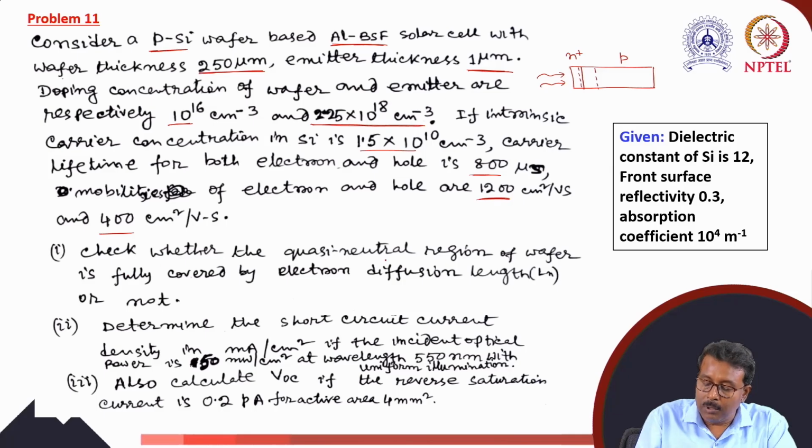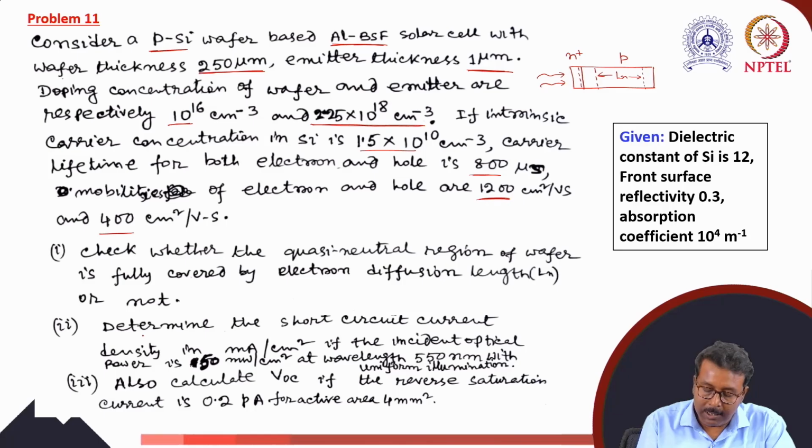Check whether the quasi-neutral region of the wafer is fully covered by the electron diffusion length or not. On the p side, the diffusion length of electrons is important because carriers generated within the diffusion length can be separated. So let us consider Ln, the diffusion length.